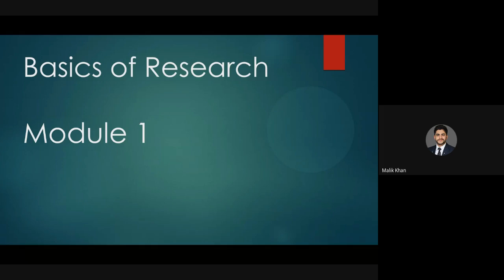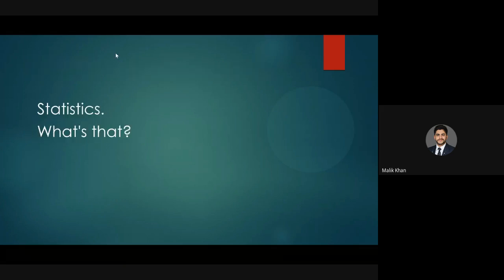If you don't understand anything, put it in the chat box. I'll try to keep track of that. Apart from that, if I have to write something, I might open a whiteboard for that. So starting from the basics, the first thing I would like to talk about is statistics.